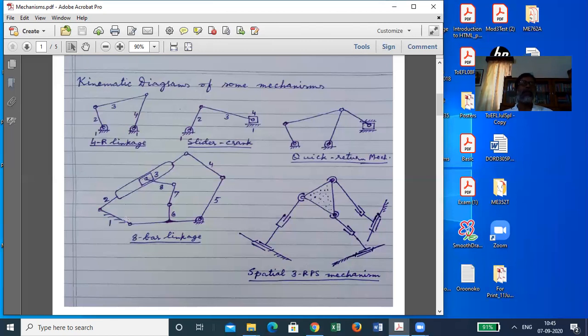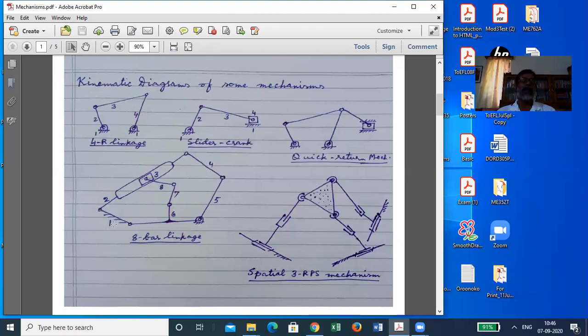Okay. Look at this a little carefully. This is link 1, which is fixed. If we have freedom, then most of the time we try to show the frame as link 1. There is no compulsion.